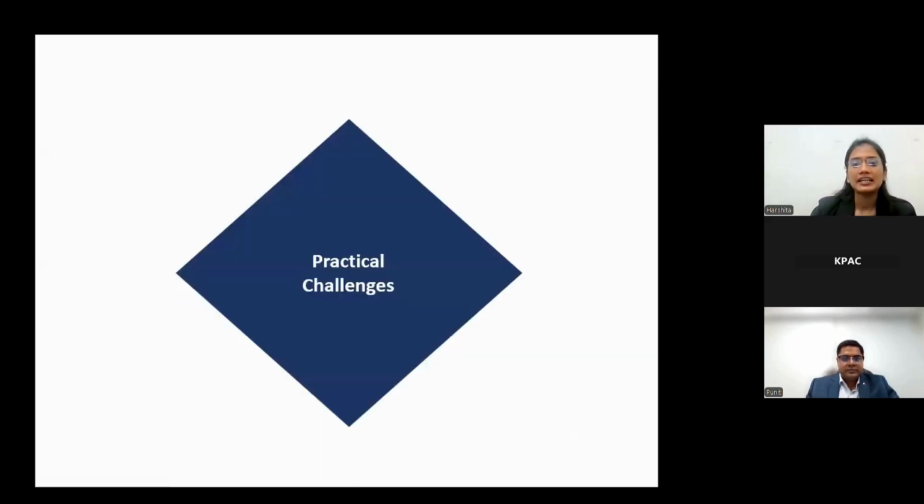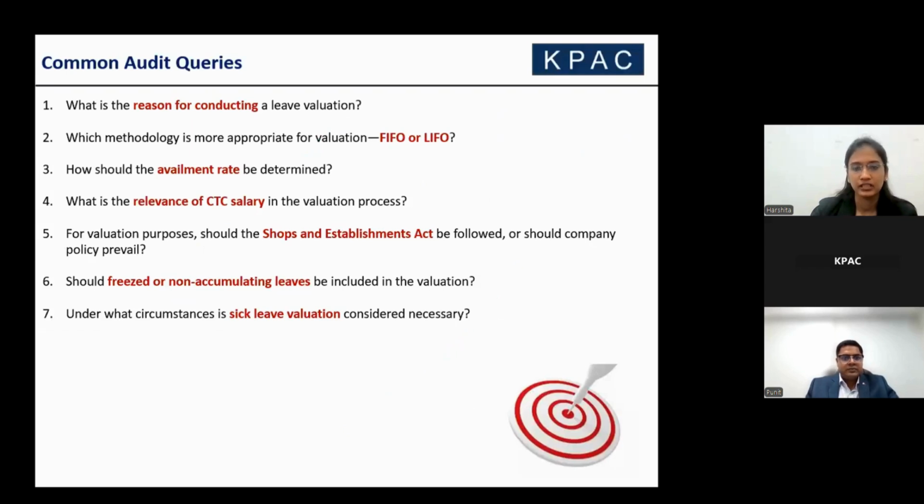Now, let's move on to some common questions that the auditors might ask. So, here are some of the most common audit queries we encounter when dealing with leave valuations. The first question is, what is the reason for conducting a leave valuation?